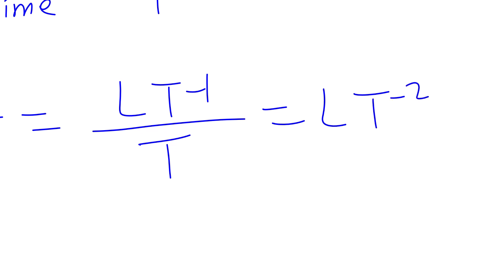How is it T raised to the power of minus 2? As we know in indices, if you want to make a denominator appear as numerator, just attach a negative power to it, based on the power it has as the denominator.